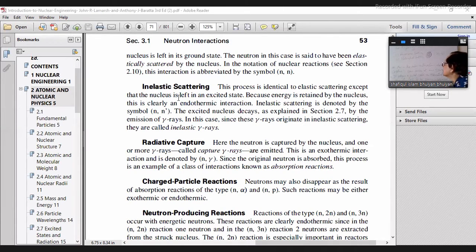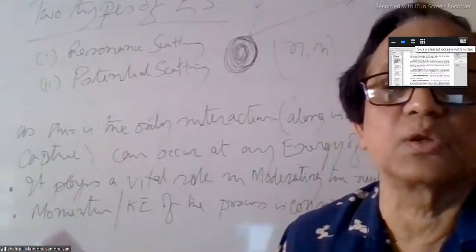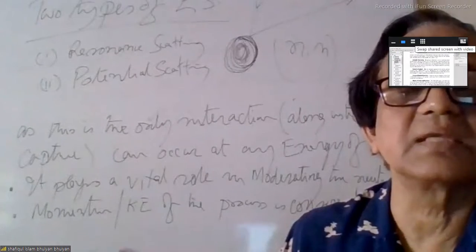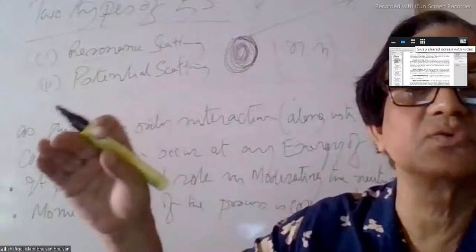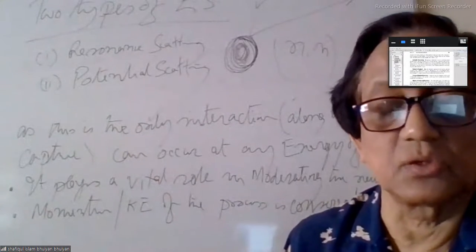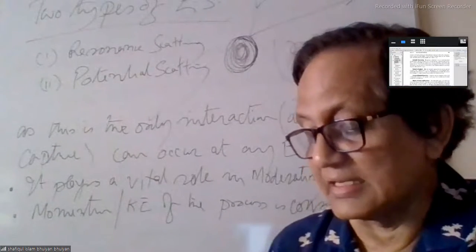We call this n elastic scattering, and inelastic scattering n prime, because this n prime will have a different energy since it shares this energy. That's why we call it inelastic. So when we see n prime, we will understand that it is an inelastic scattering.